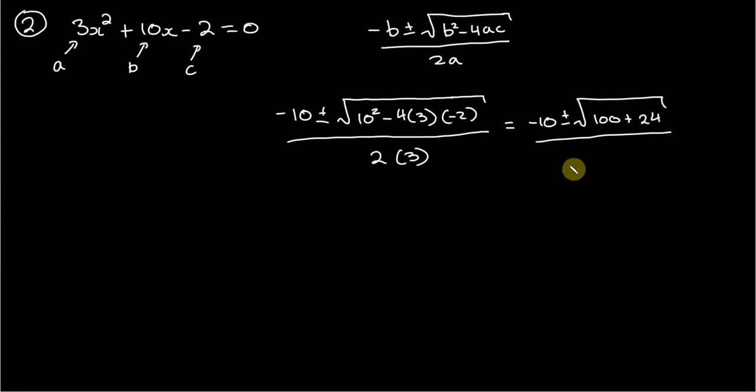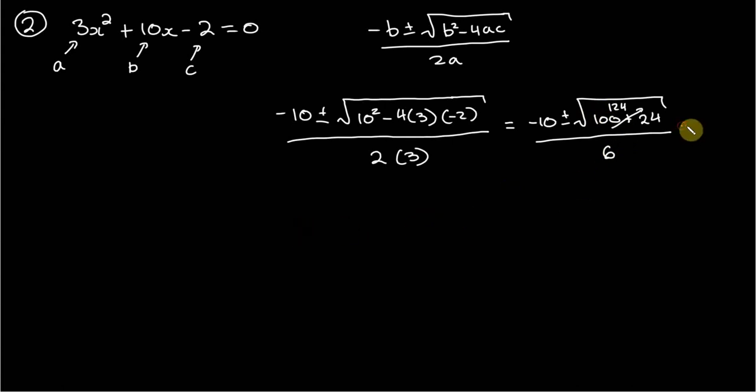All of that's going to be over 2 times 3, which is 6. And 100 plus 24 is 124. We can still simplify this a little bit, in that root 124 is 2 root 31.